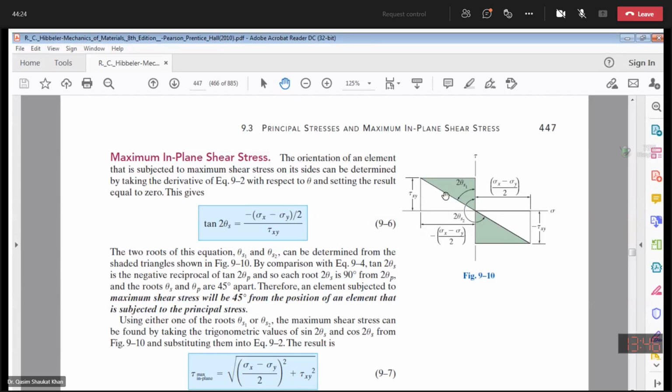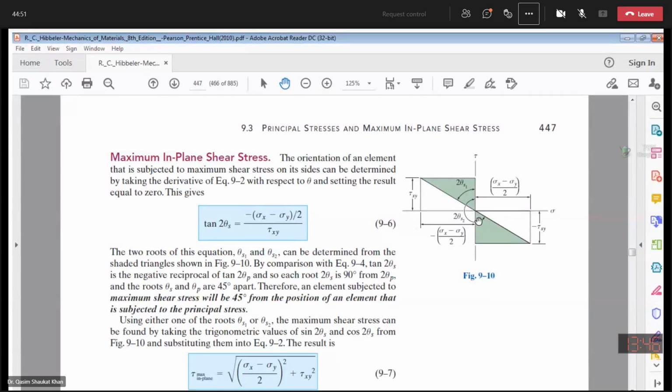So tangent is negative in the second and fourth quadrant. Now you can see in the second quadrant 2 theta S1, the shear stress is positive tau xy, whereas the average normal stress is negative because it's on the negative x-axis.